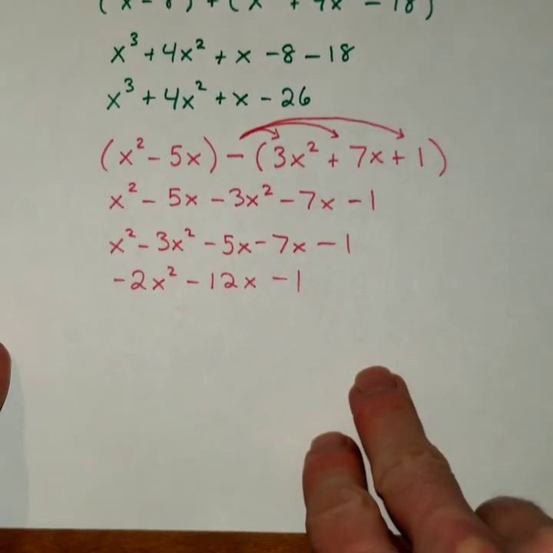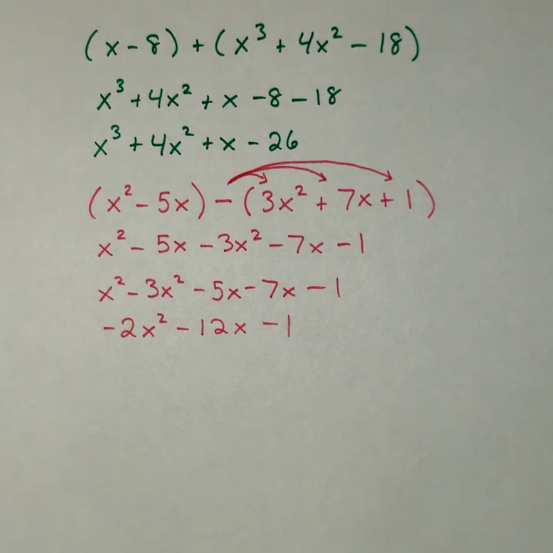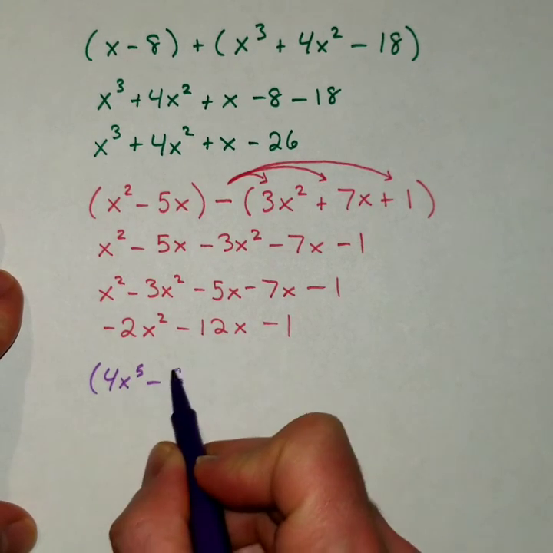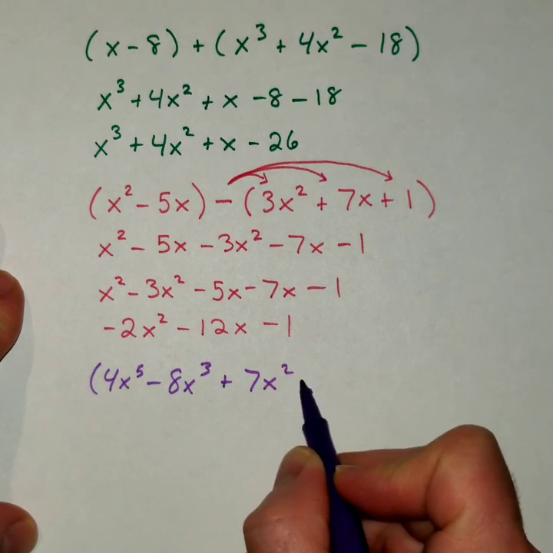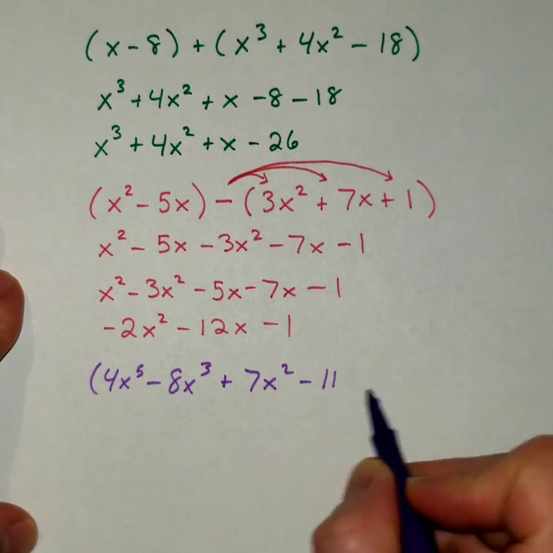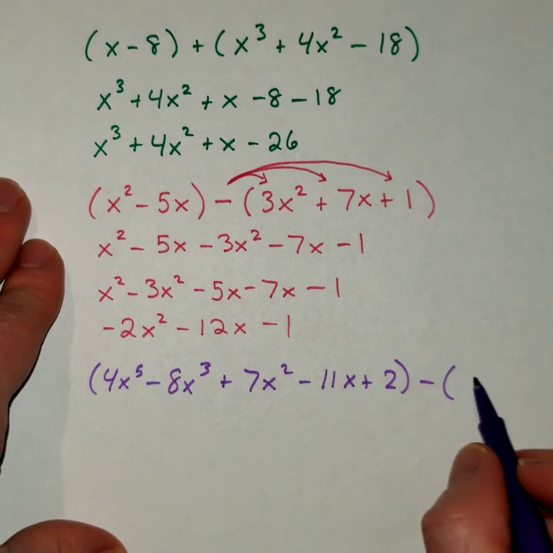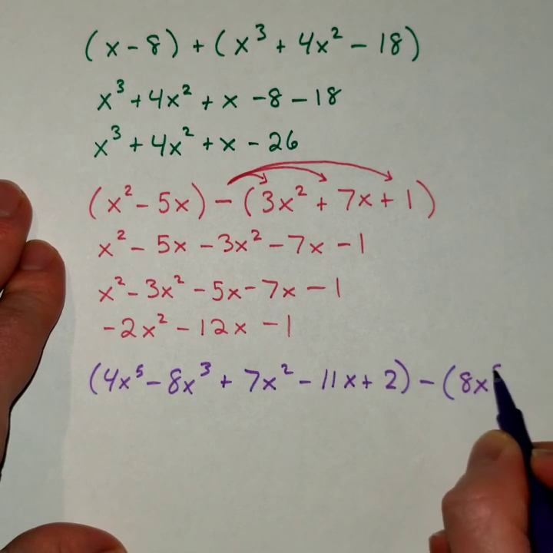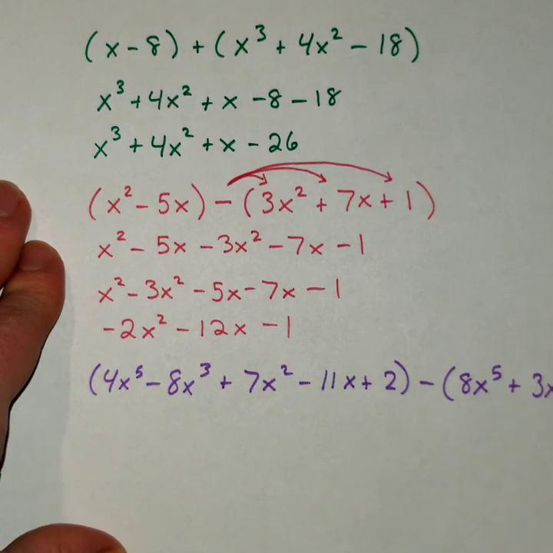Let's try one more subtraction problem. Maybe I'll make this one a tad bit more complicated. Something like 4x to the 5th minus 8x to the 3rd plus 7x squared minus 11x plus 2, minus 8x to the 5th plus 3x squared minus 9.